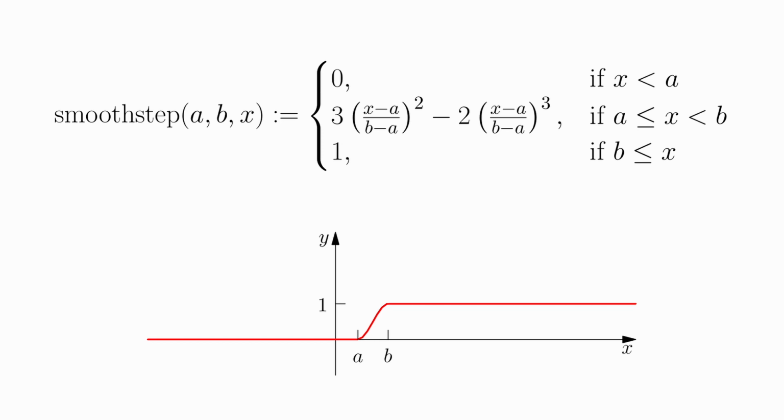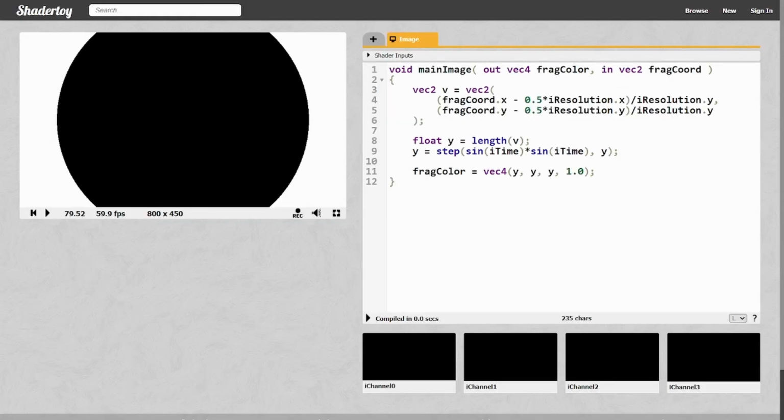So let me just now replace in our shader the step function with this smooth step function, and we'll see how the pattern generated by our shader will look like after we introduce this change. Hence, as said, we replace the step function here by the smooth step function.